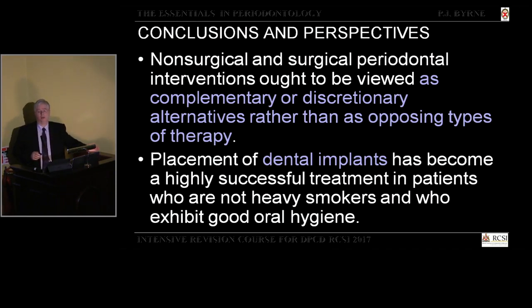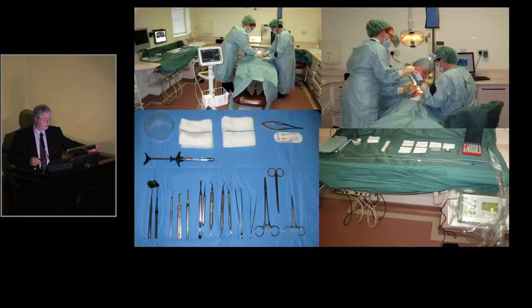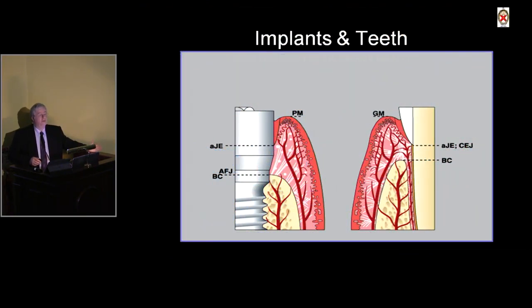And of course, dental implant placement has become a very common procedure today in certain patients. And we have to remember that the situation is quite different. The dentogingival complex and the peri-implant tissues are very different.